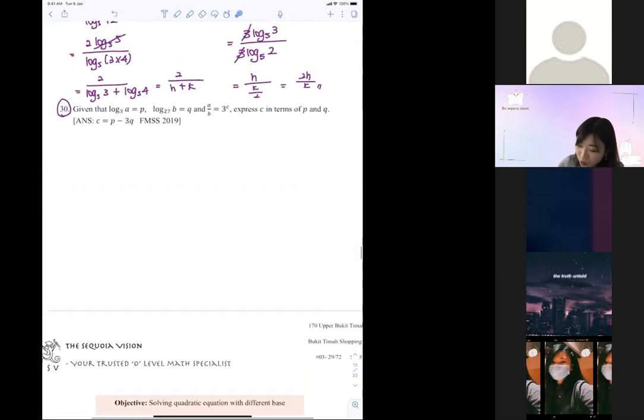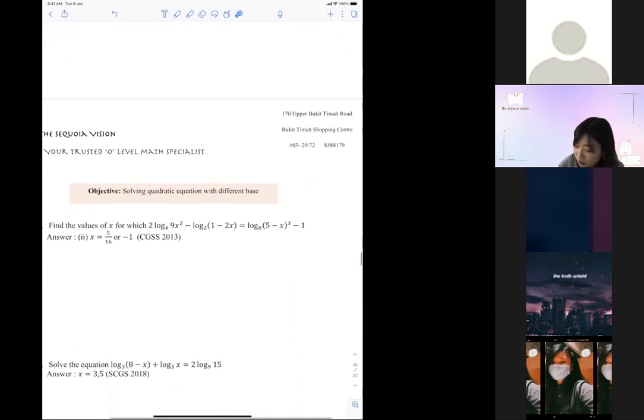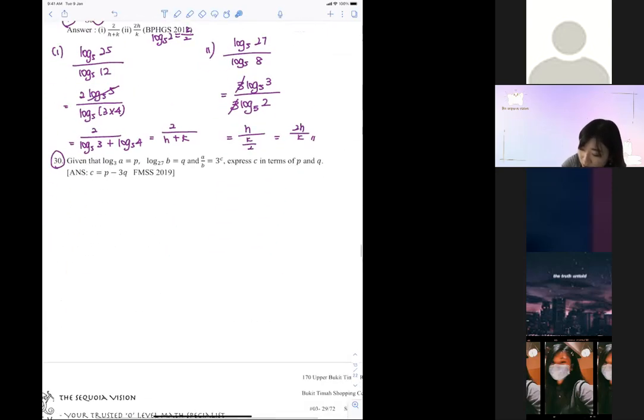Okay. So question 31, if you're starting, you got 4, you got 2, you got 8. All of them are powers of 2. So change everything to base 2. Okay. So for question 30, you see you want A over B, right? You must make A and B the subject first. So from here, you make A the subject. A is 3 power P. Here you make B the subject.